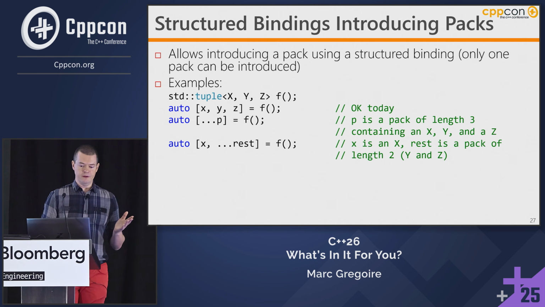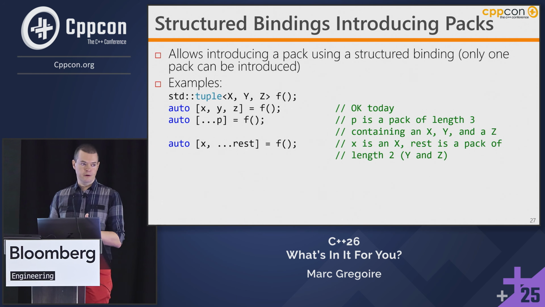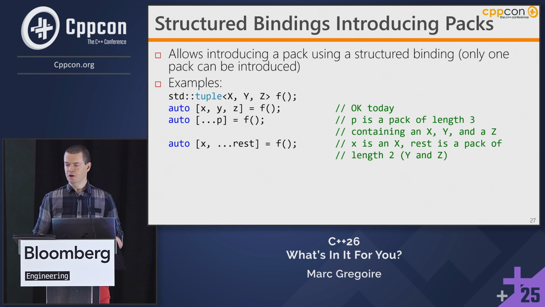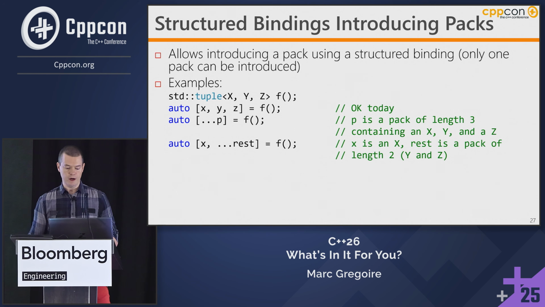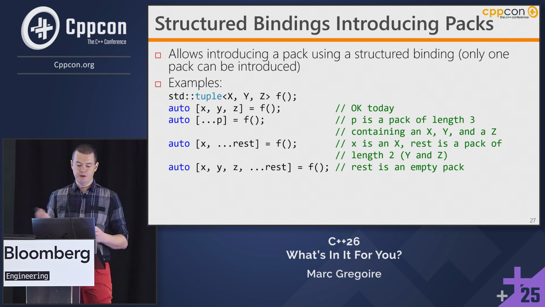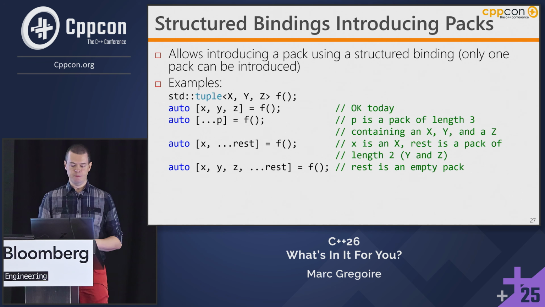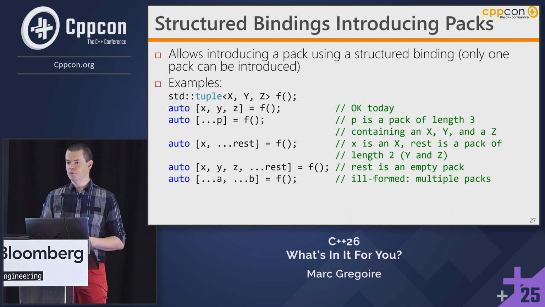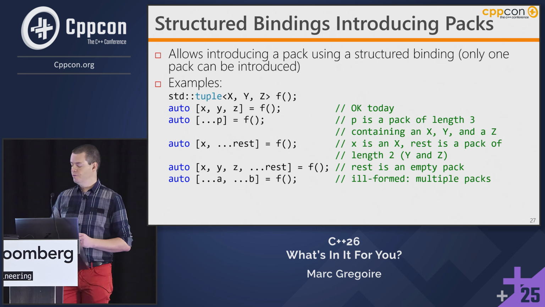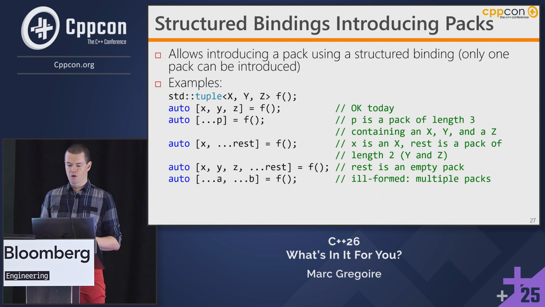You can also combine it. You can say decompose it into x and a rest pack. In this case, the pack will be of length 2 and only contain a y and a z. If you decompose it like this, that's also valid. In this case, rest will be an empty pack. If you try to decompose it like this, that's ill-formed. You can only introduce one pack.